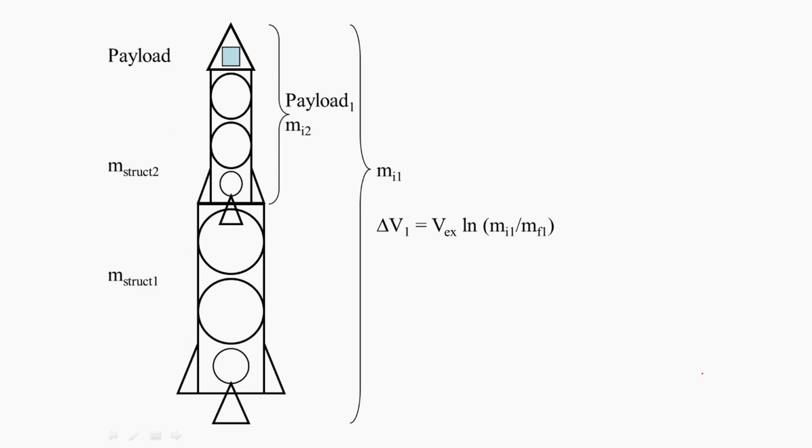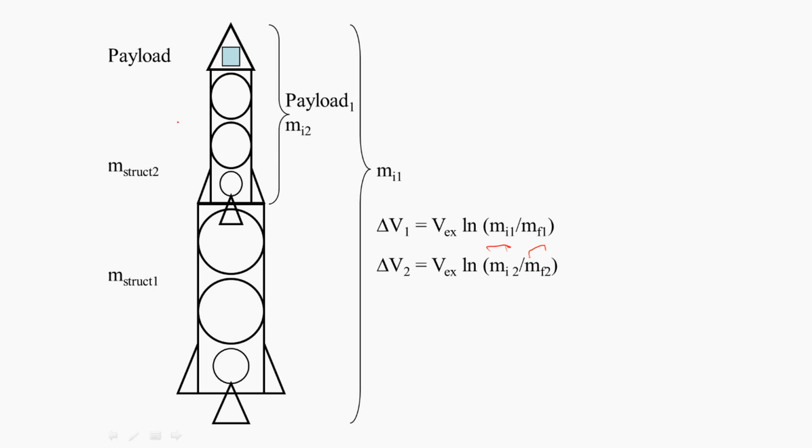Now, let's look at the rocket equation. In the first stage, we are using the initial mass divided by the final mass of the first stage, and we already saw what those were.